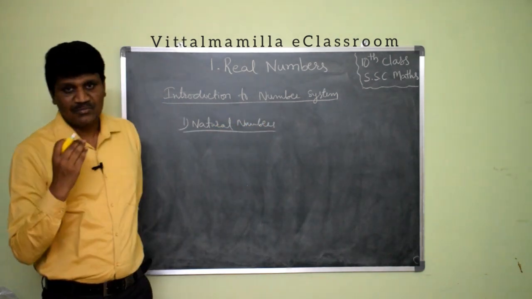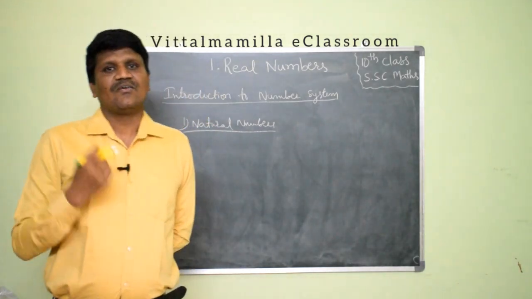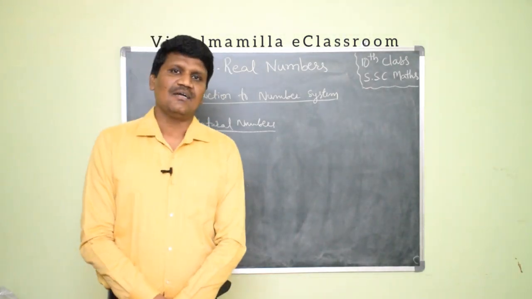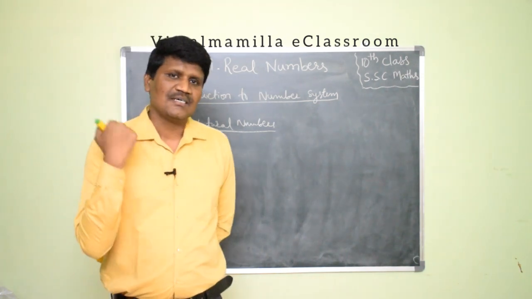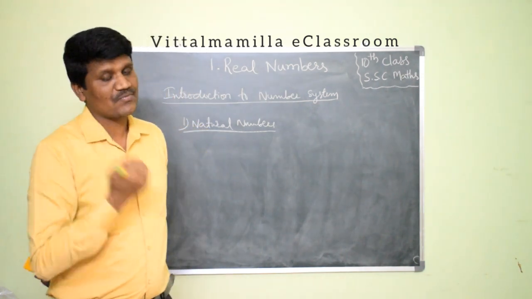What are natural numbers? The numbers which are countable are called natural numbers. How do we count? Number 1, 2, 3, 4, like this we count, right?